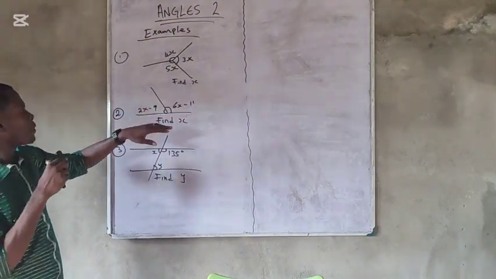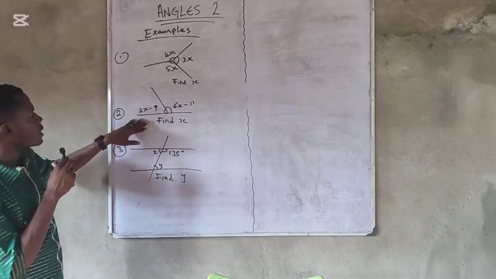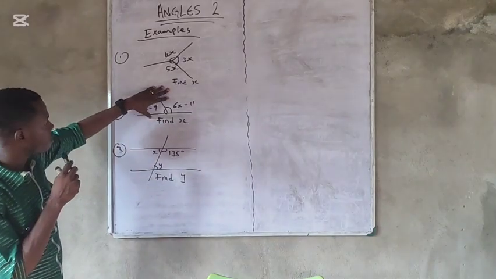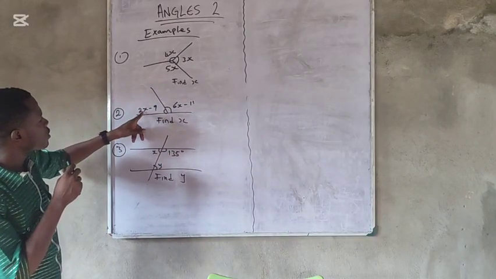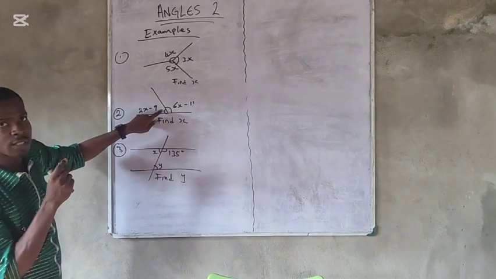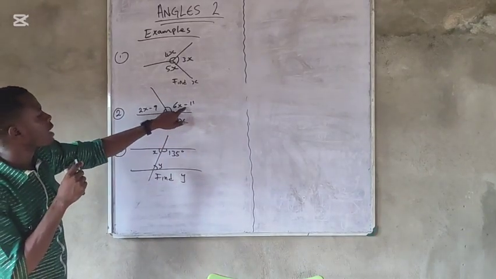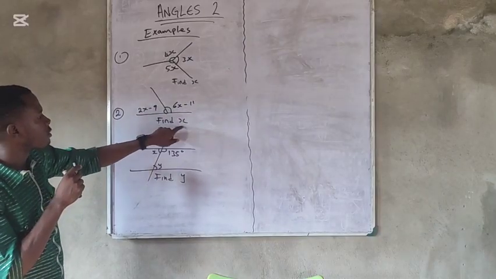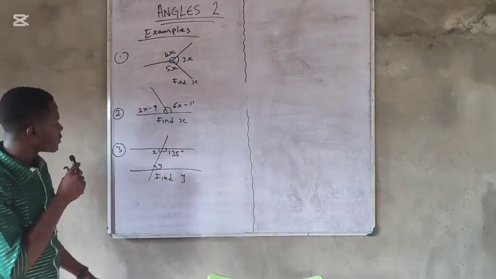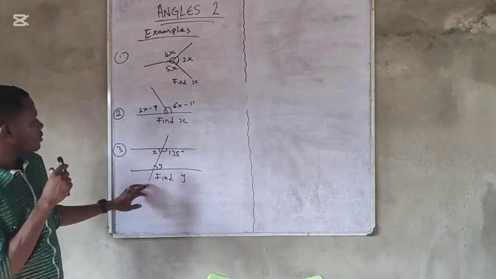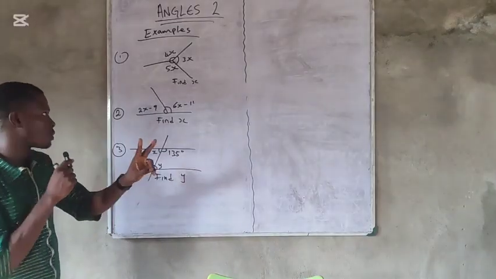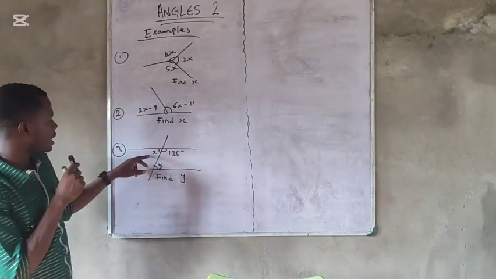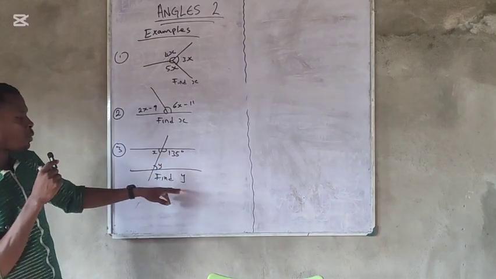Second question, in this diagram on the board, where we have 2x minus 9 as the first angle and 6x minus 11 as the second angle, find the value of x. Then we have this last one, where we are asked to find y.